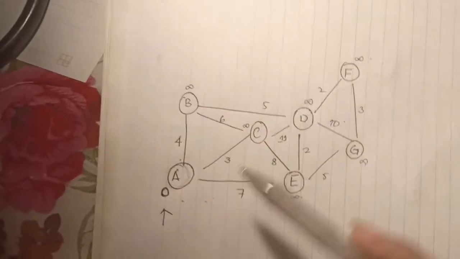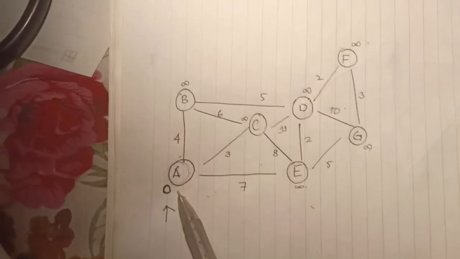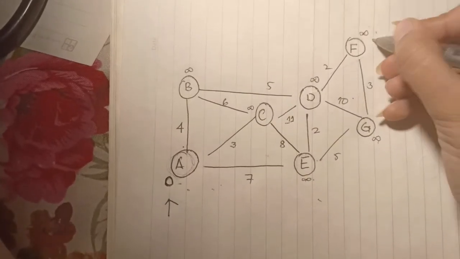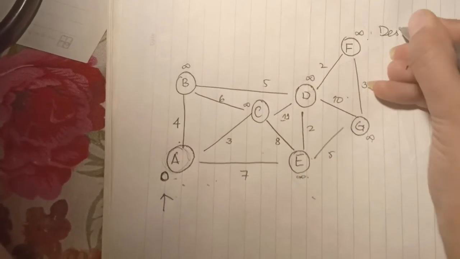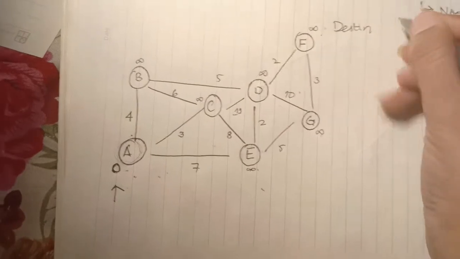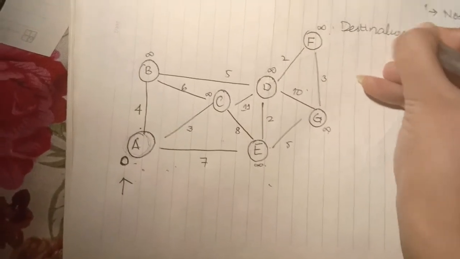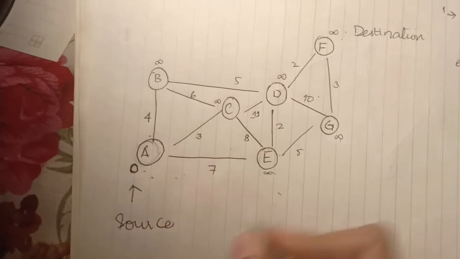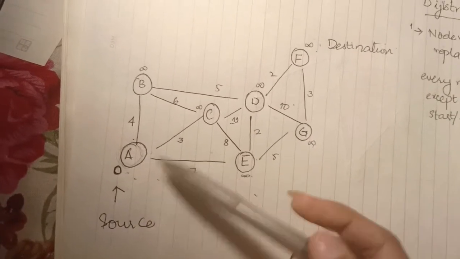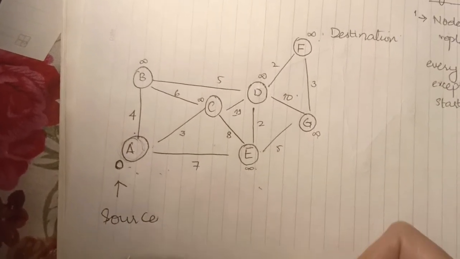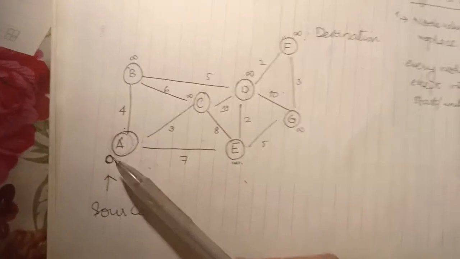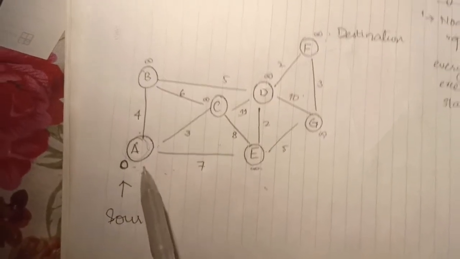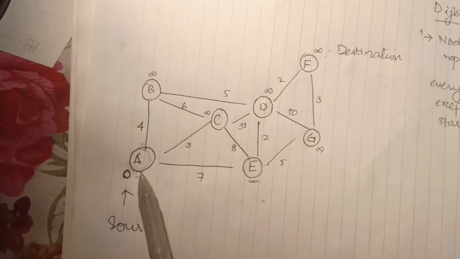So using this algorithm, if we see A as the starting position and this is our destination, this is our source. So to move from source to destination, if you are at A position, A has 0 value.